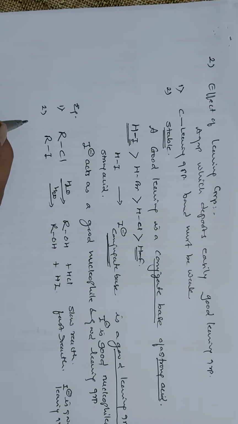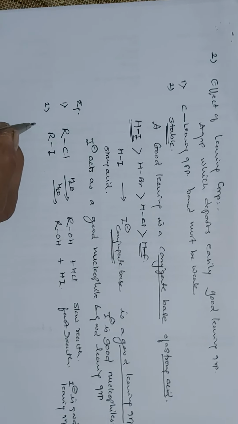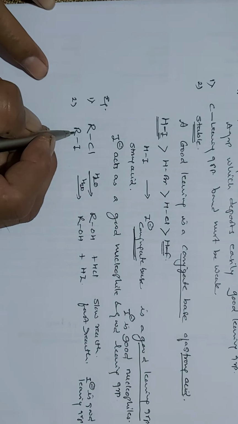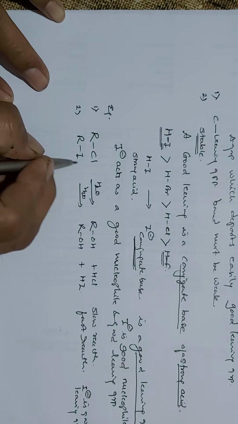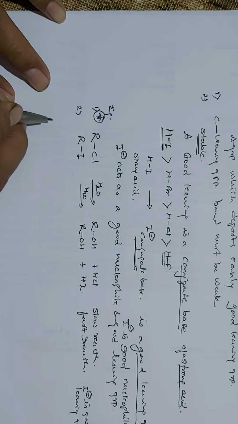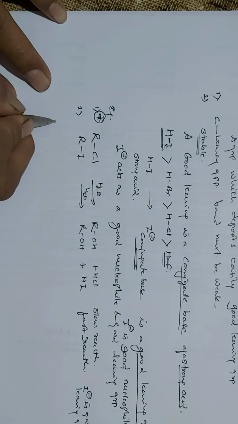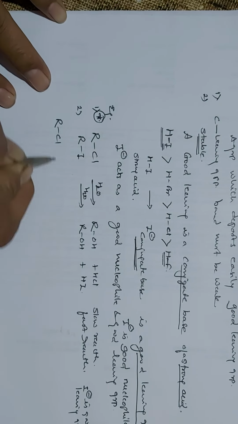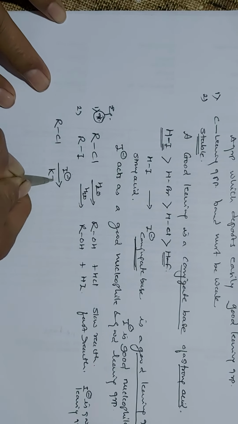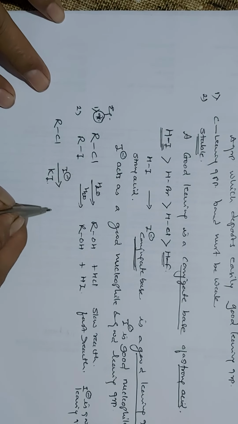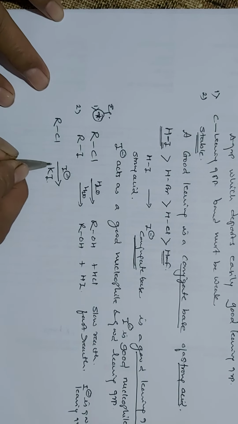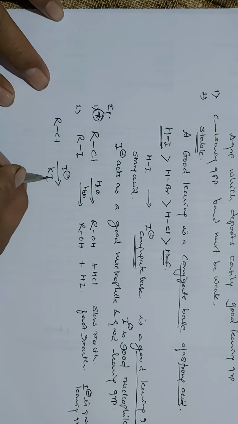But further, if you see that this reaction is catalyzed by KI, see the effect, the KI plays an important role. When we say that it is used as a catalyst, the rate of reaction increases.